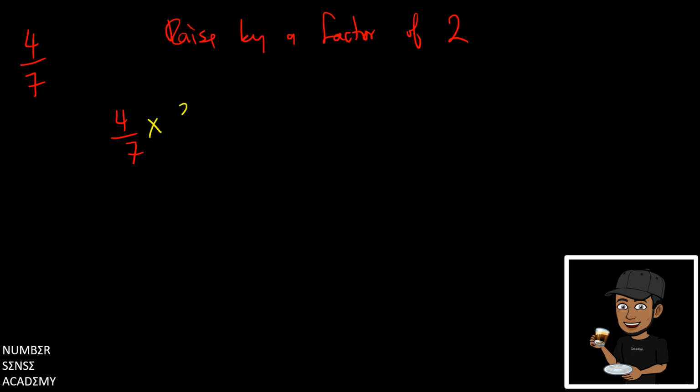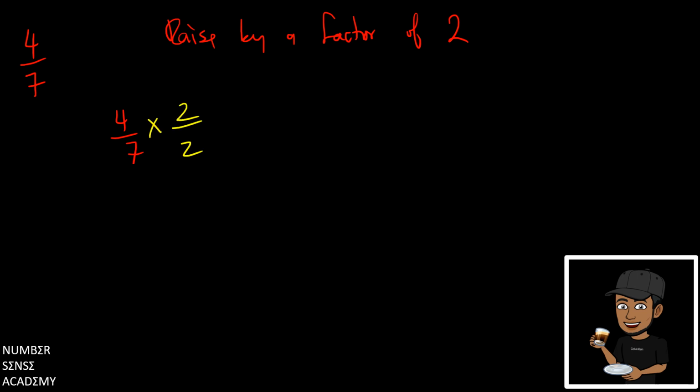Okay, let's look at some other examples. We have 4 over 7, and we're going to raise it by a factor of 2. Okay, so this means that we're raising it to higher terms. So I have 4 over 7, and I'm going to multiply by 2 over 2.